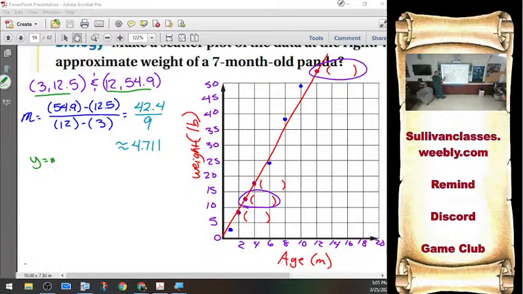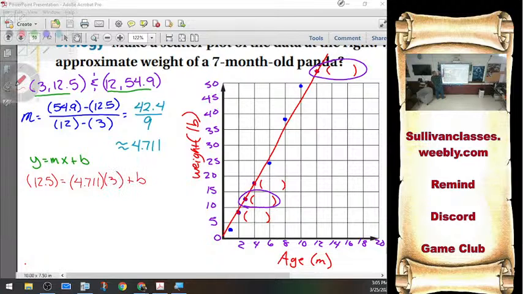So we say y equals mx plus b. And I plug in there. I know y is 12.5. Now I know that m is about 4.711. I know that x was 3. Go find b. Times 3, 14.133.